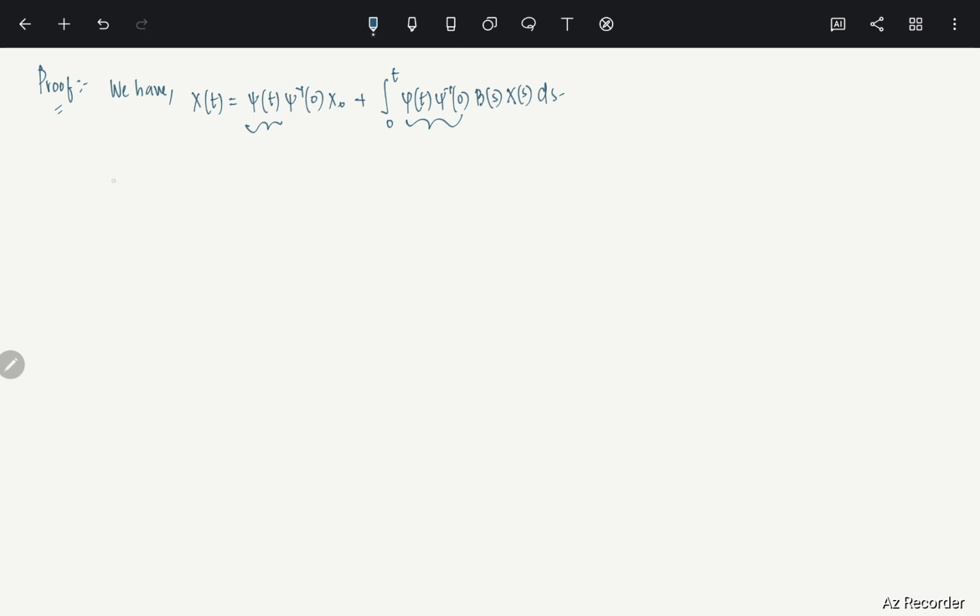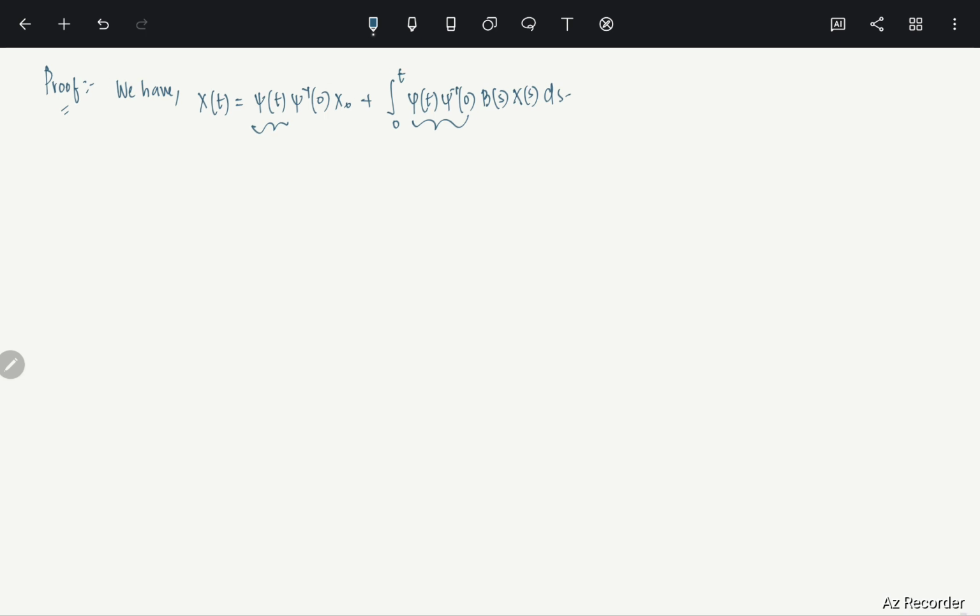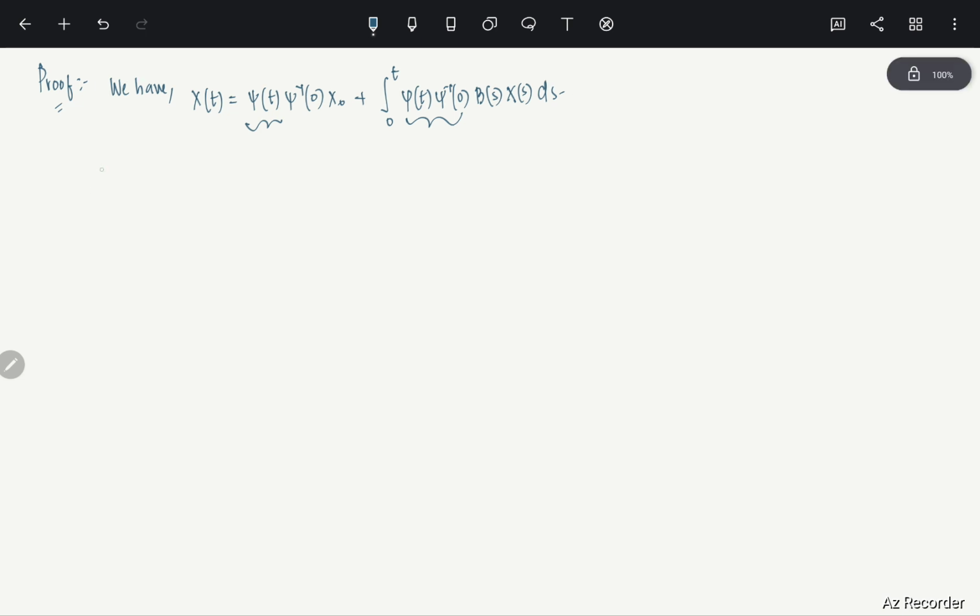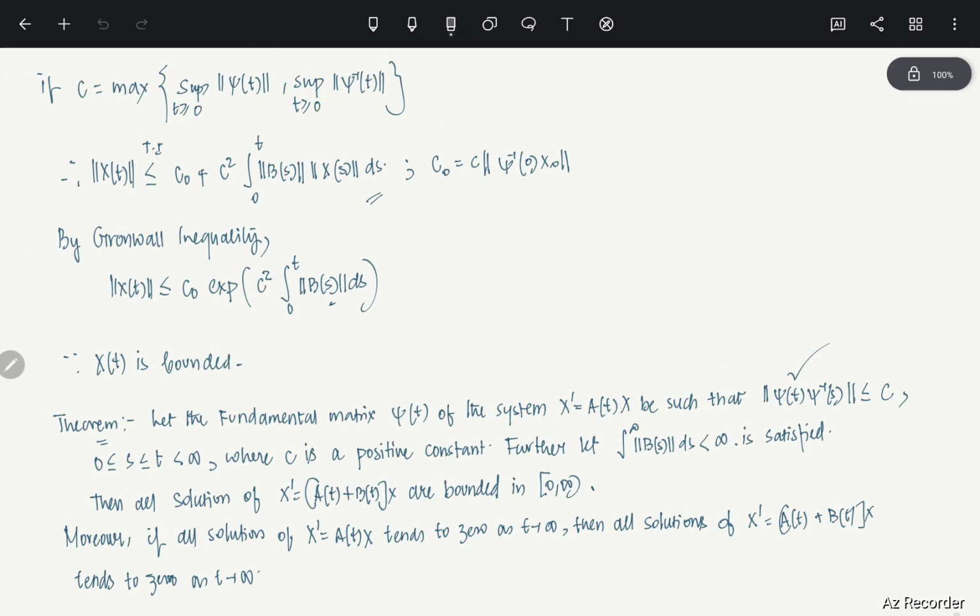So let's say this bound is given by C. Therefore the norm of x of t is dominated by C times the norm of x naught, where phi t, phi inverse of s is bounded for all s, s can be 0 also.